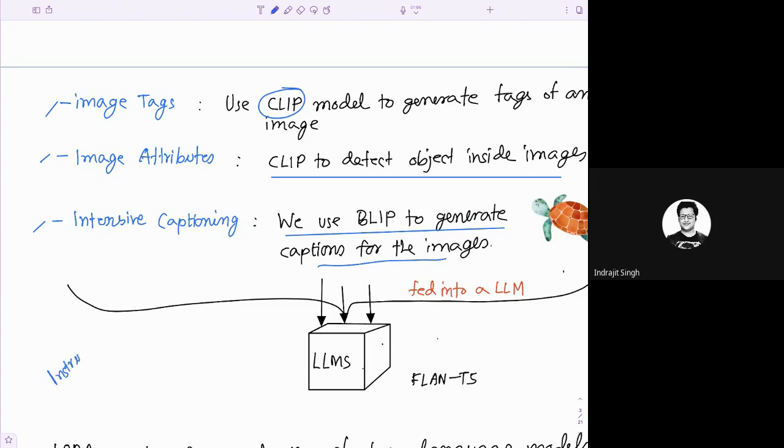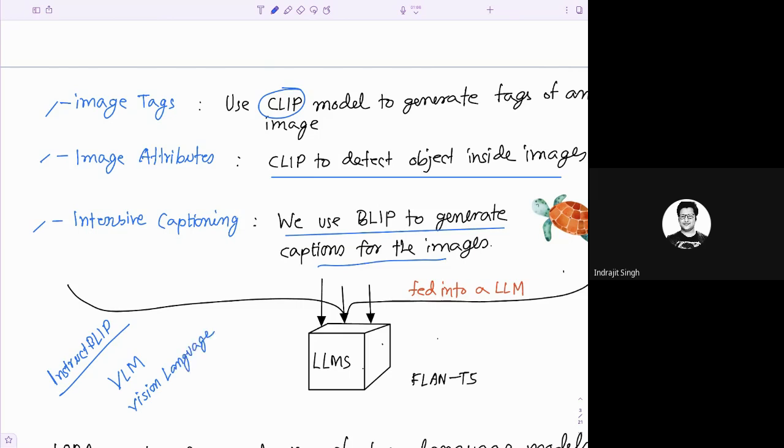We'll see this in the paper. We have referred to InstructBLIP a lot. InstructBLIP is basically a vision language model, VLM. Okay, I'll say vision language model.